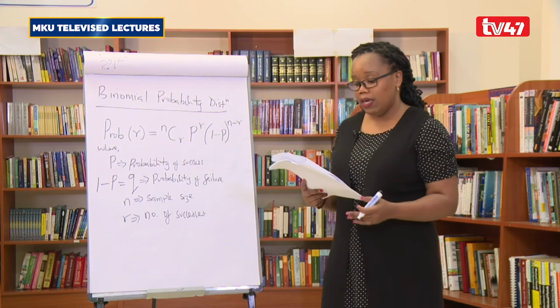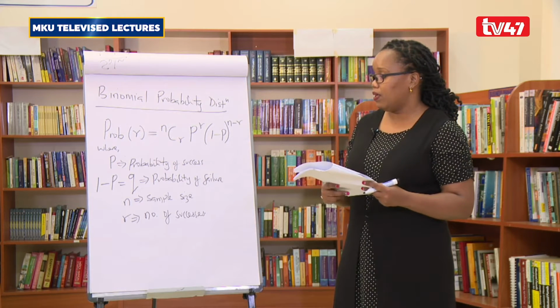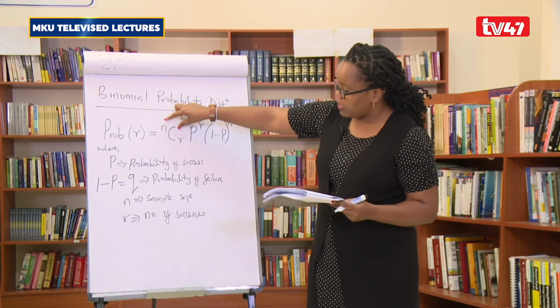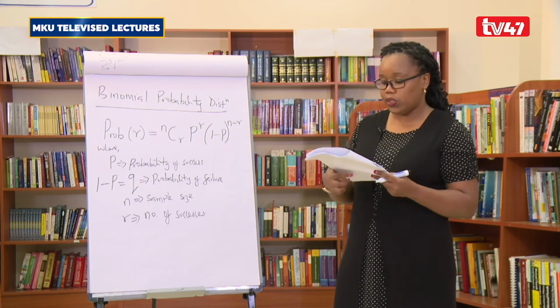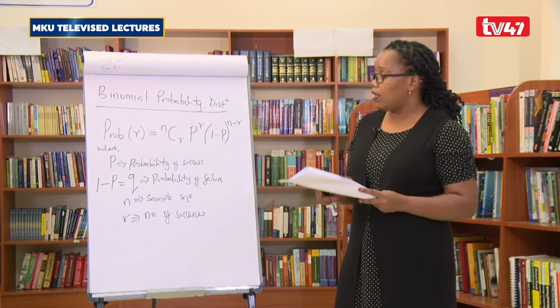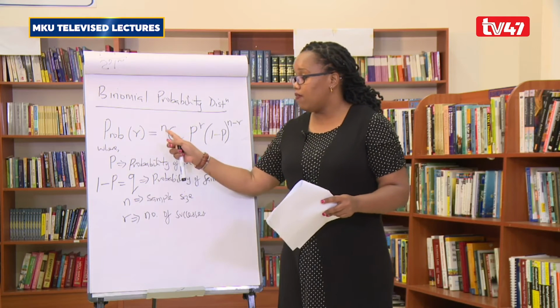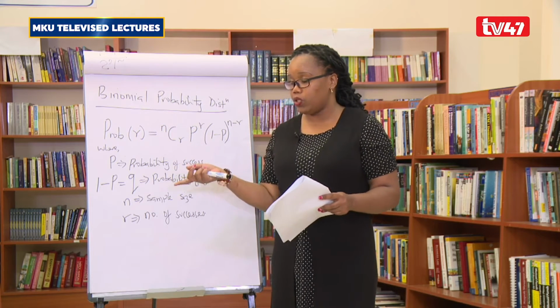Good. Having seen the formula, following it through and through, we have an element here, n combination r. From your calculator, you're able to see n combination r. We know that the value of n should always be greater than r in combination.